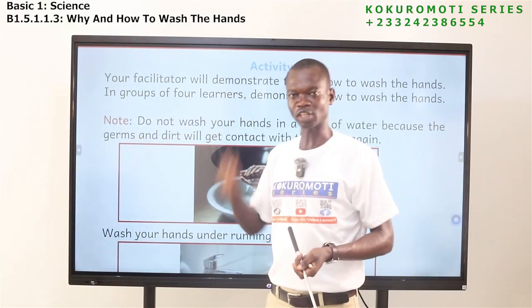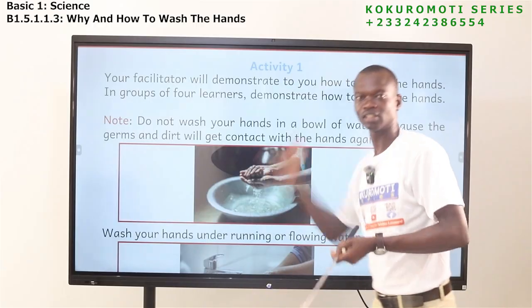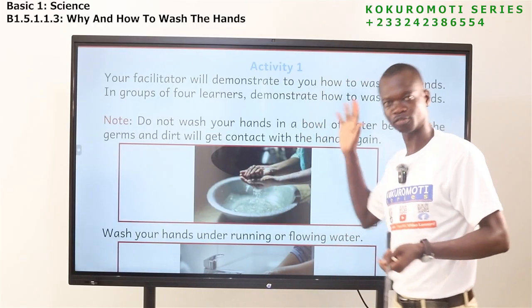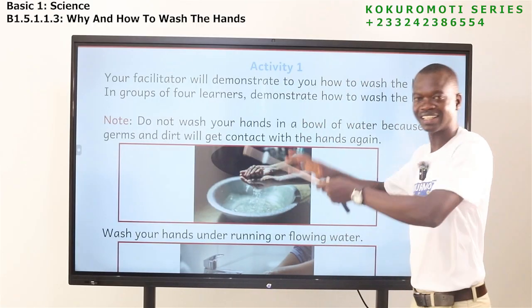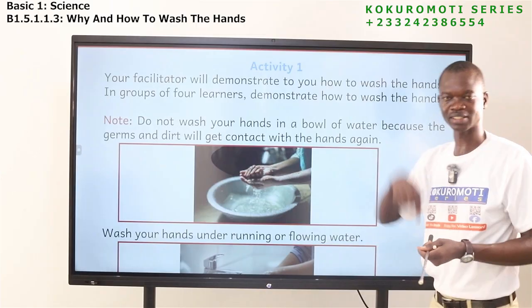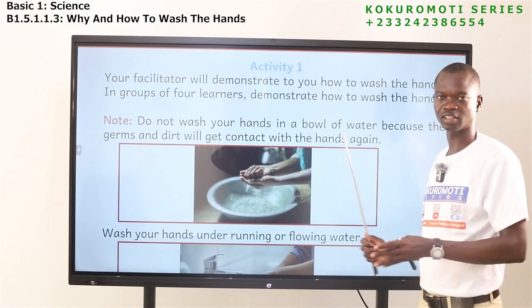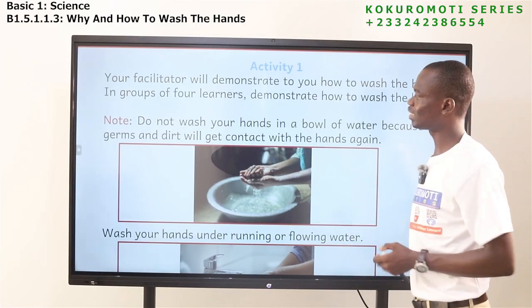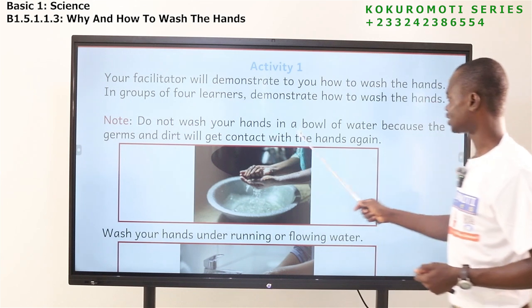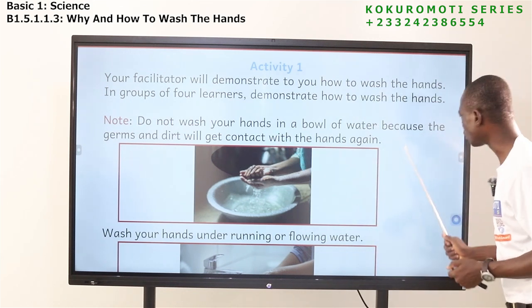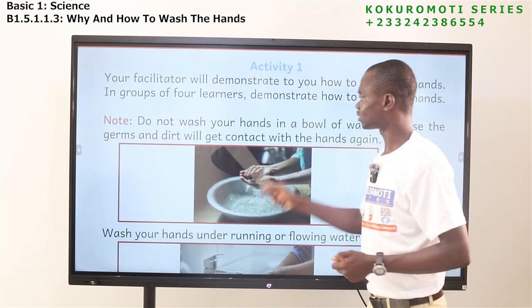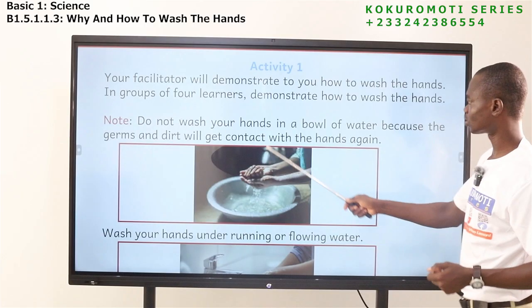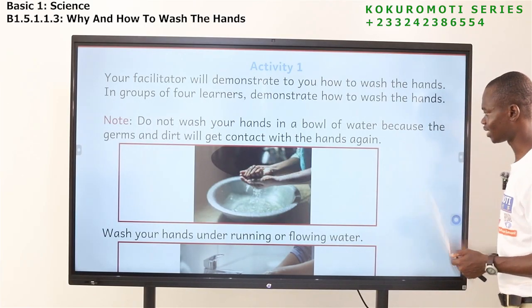Make sure after washing, the water will run away, will flow away, will not be in anything that a different person can use, that same water. Do you get it? So we are saying that do not wash your hands in a bowl of water because the germs and dirt will get in contact with the hands again.